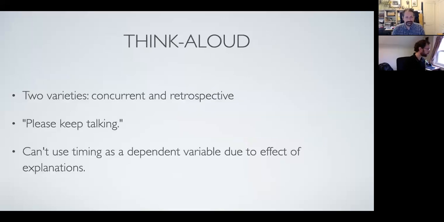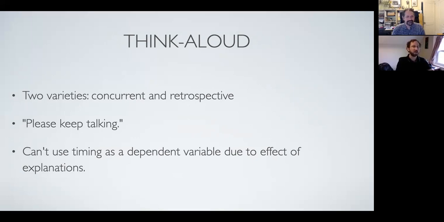Okay. Now, think aloud is really useful. There are two varieties. In concurrent think aloud, you ask people to talk while they're doing the task. And if they stop talking, you can say something neutral like, please keep talking. You don't want to say anything too leading because you don't want to bias their work, but you want to get them to keep talking.